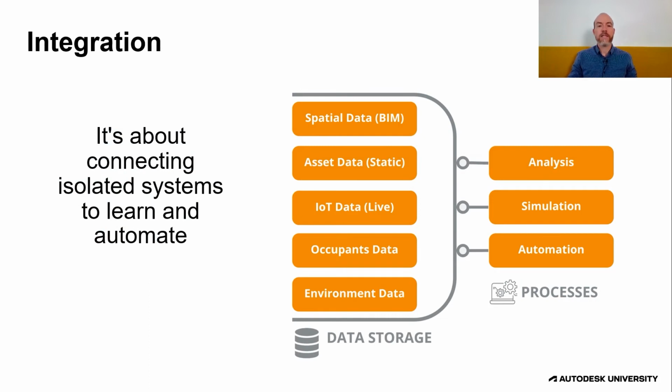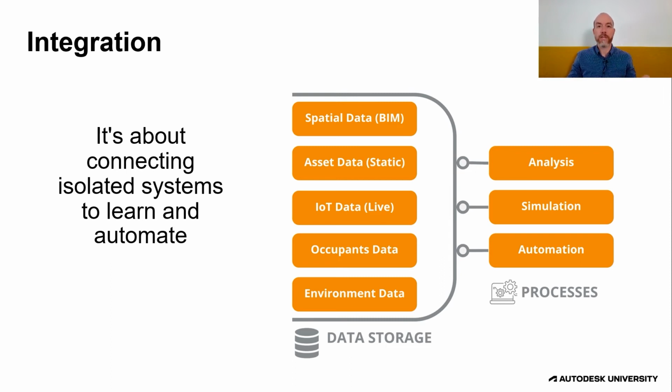You've got the 3D geometry, you've got the asset information, like warranty information and serial numbers, stuff that's static. Then you've got the live data coming from all the different sensors and live IoT devices. You've got occupancy data, so you understand how people are using the facility. You've maybe got the climate information. Is it raining outside today or not?